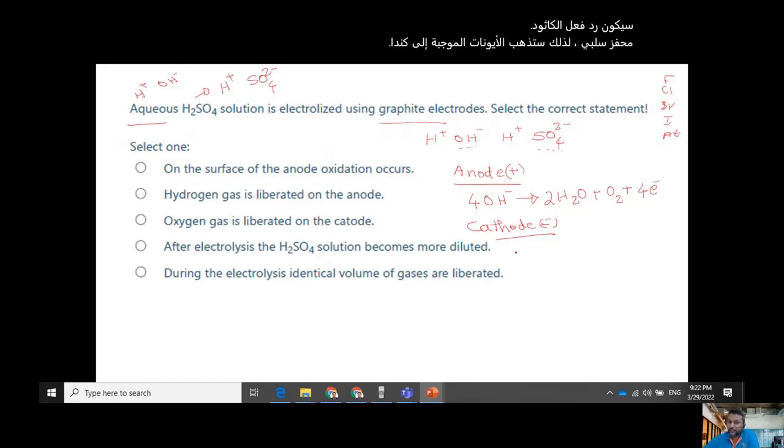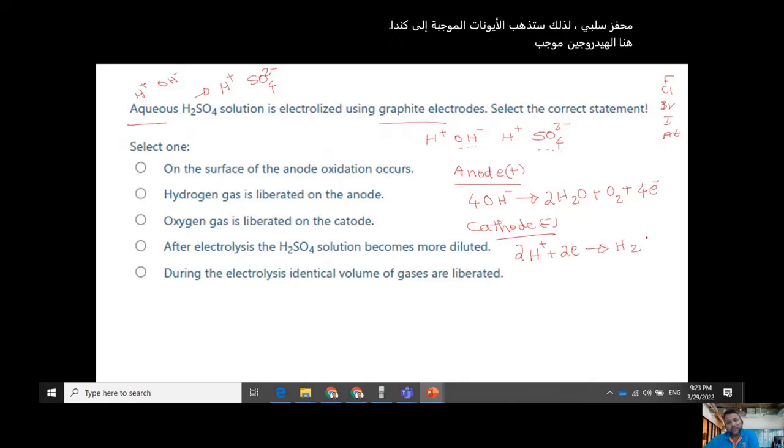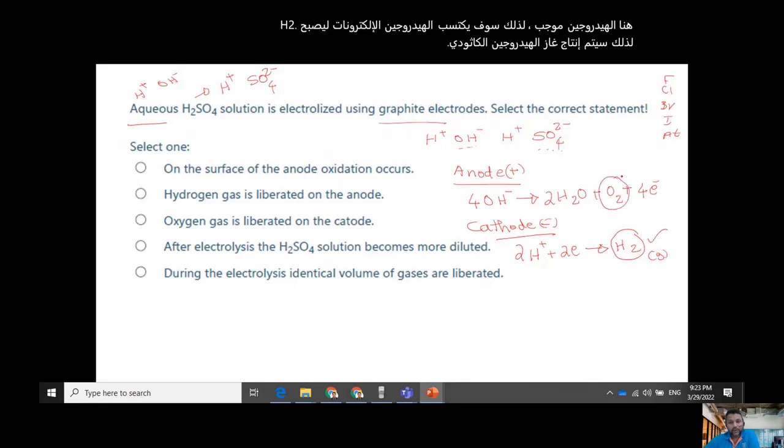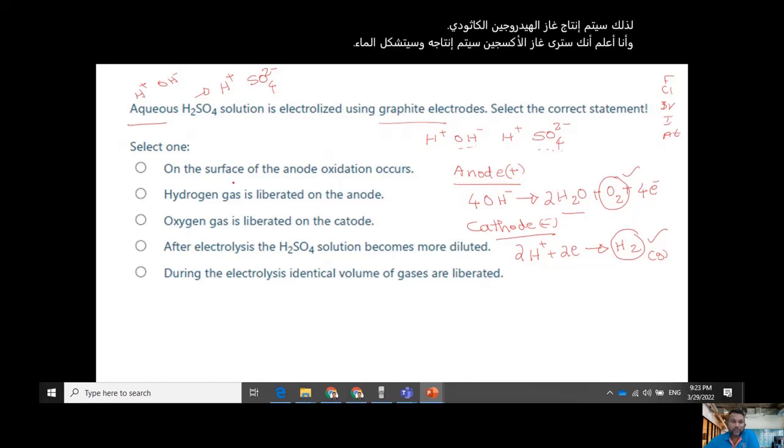Here hydrogen is positive, so hydrogen will gain electrons to become H2. So at the cathode hydrogen gas will be produced, and at the anode oxygen gas will be produced and water will form. Now once you figure out these reactions, you can go to the options.